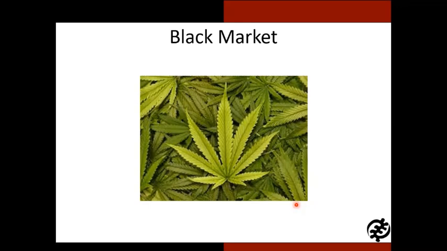So clearly, the illegal sale of recreational marijuana before it was partially legalized by the state of Oregon, and the sale of alcoholic beverages to underage people, those examples will be totally lost on you. So I can't use those examples to explain what a black market is.